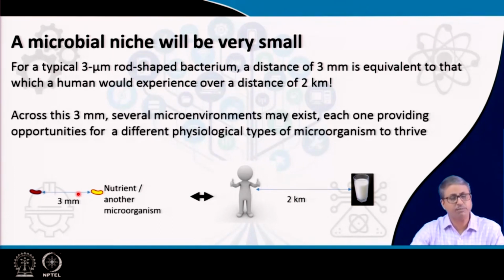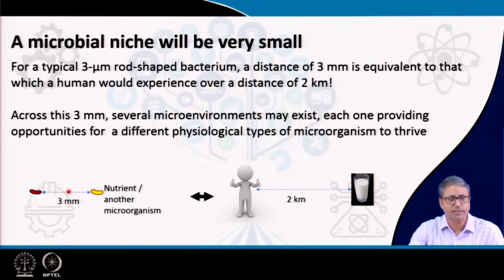Now, within this 3 millimeter, which for a human may be 2 kilometer, several micro environments may exist, and it is easy to understand. So, 2 kilometer for a human to a glass of milk distance might include many hurdles, many burdens in between. So, similarly, for a microbial cell, a 3 millimeter distance might have variations within its environment, physical or chemical parameters might vary, and each one of these is a micro environment.